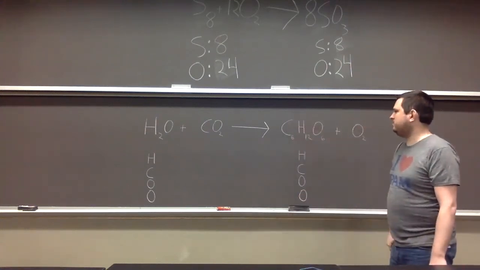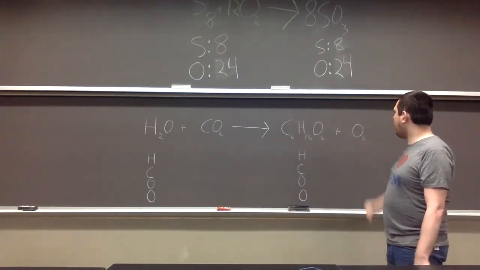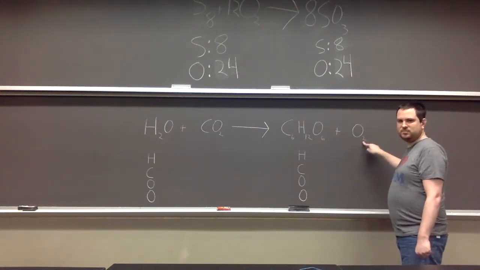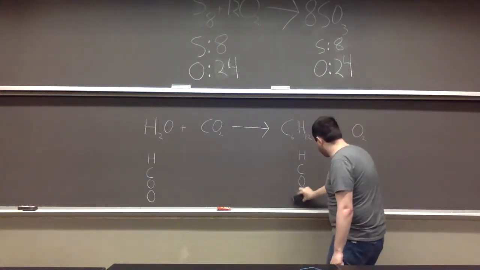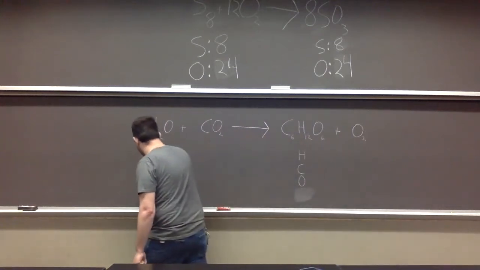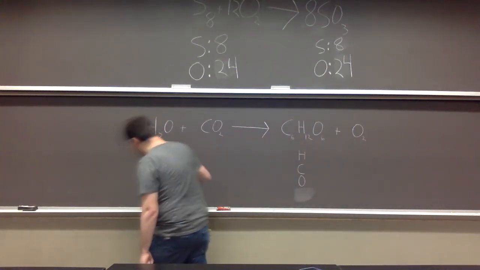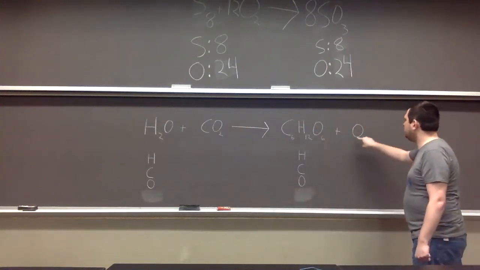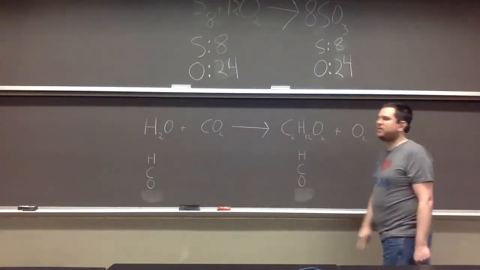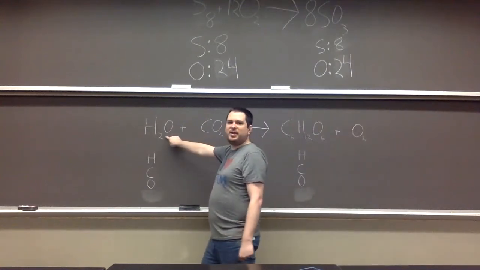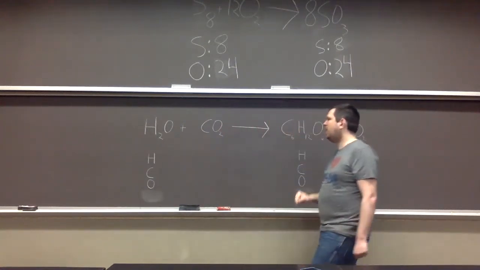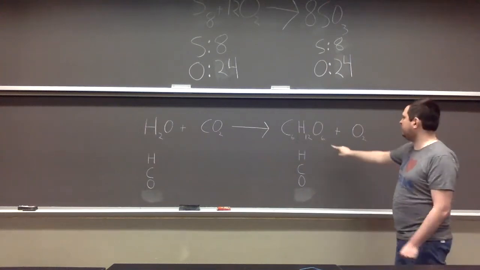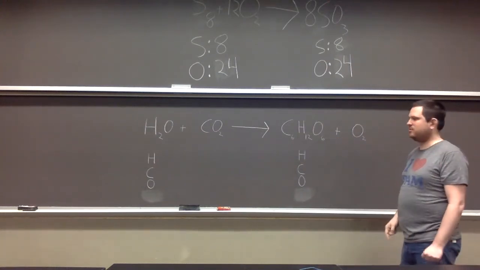So we have hydrogen, we have carbon, and we have oxygen. But we have oxygen twice, which means we only need to write it down one time. And when you're counting oxygens, we'll need to pay attention to both molecules to get our total number of oxygen. Sounds kind of complicated. You just have to keep track of both of them and add them together.